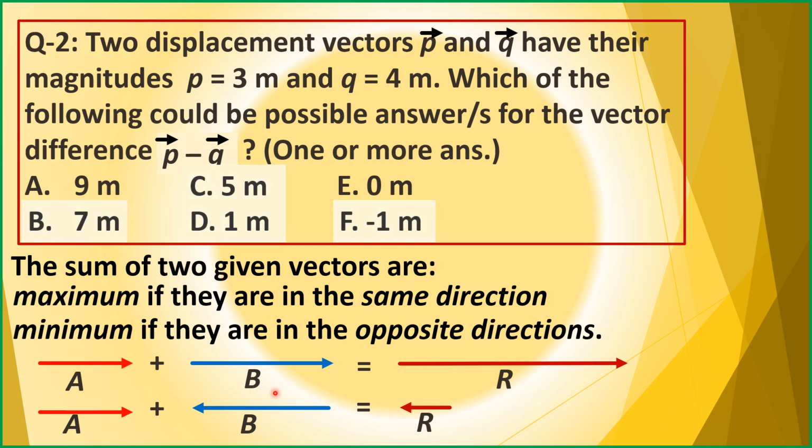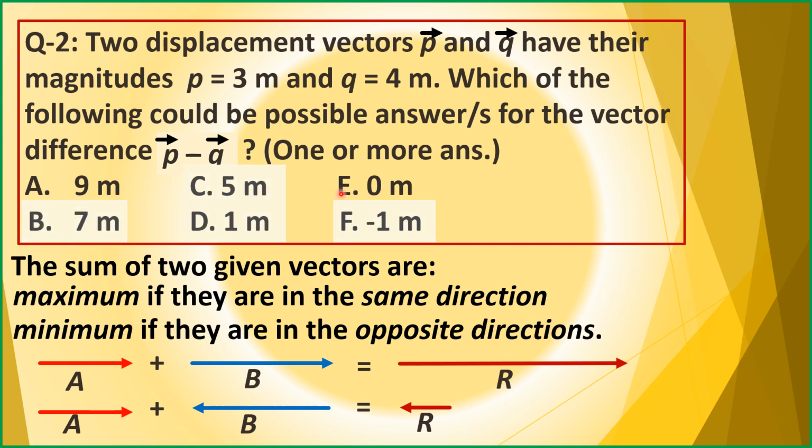And the minimum, of course, is when the two vectors are in the opposite direction. So, whichever is negative between P and Q, for example, if P is negative 3 meters while Q is positive 4 meters, using this concept, the only possible minimum value is negative 1 meter.